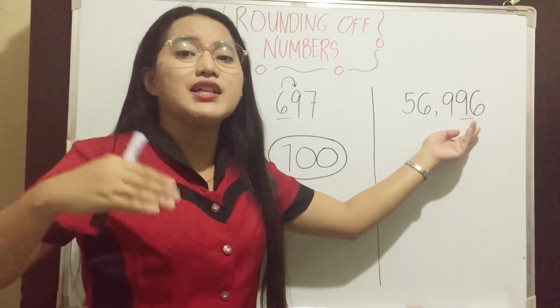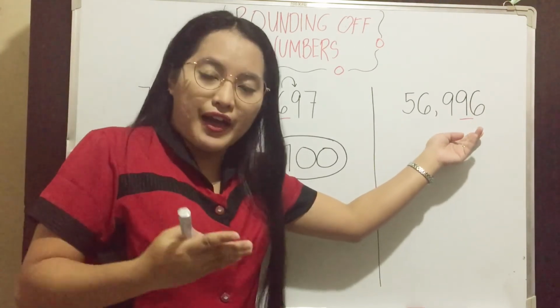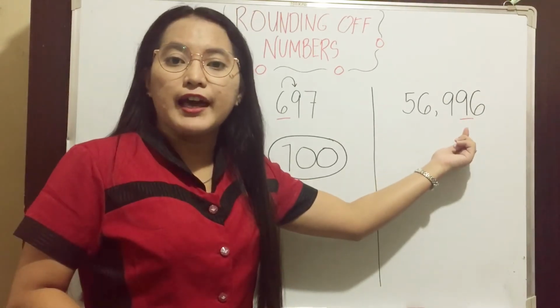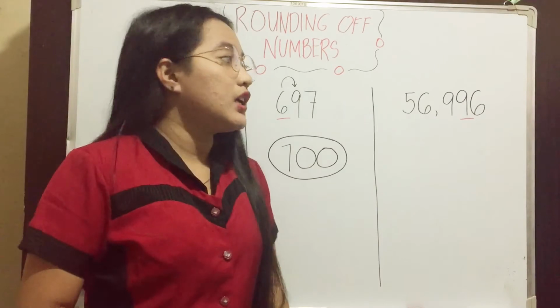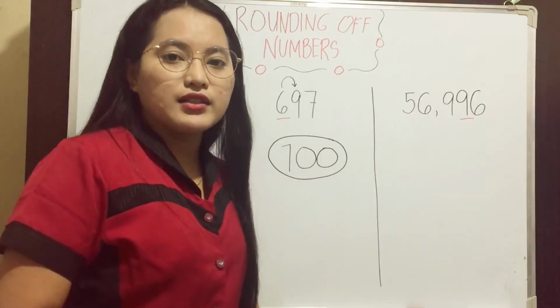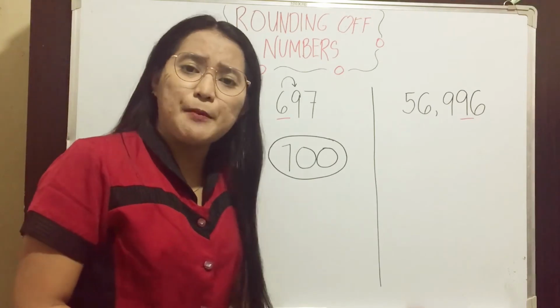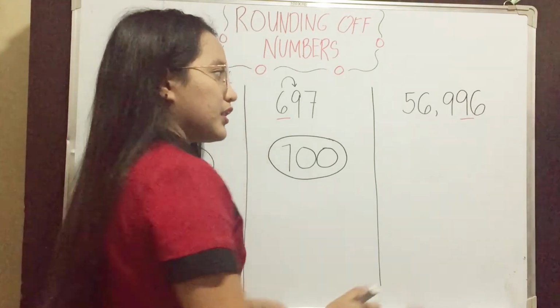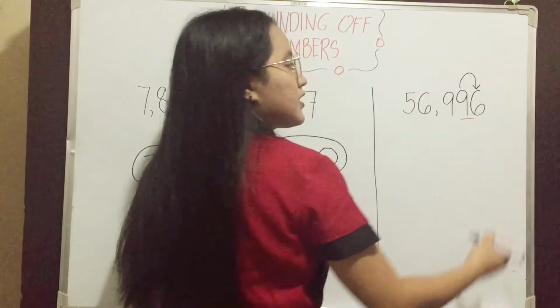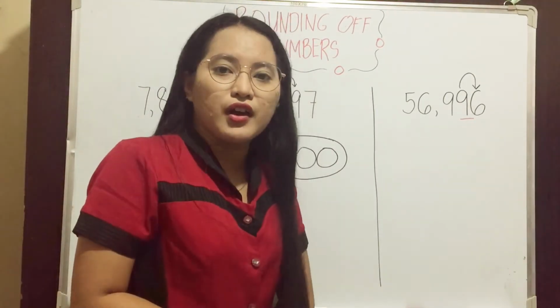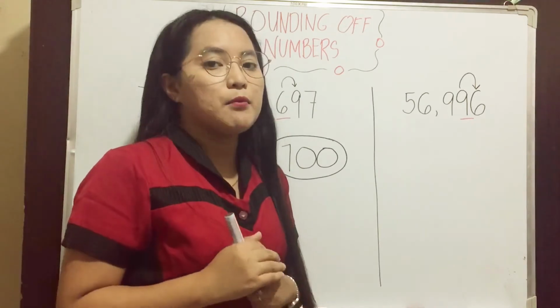But if it is 5 or more than 5, we will add 1 to the underlined number. Now let's look at the right side of the underlined number. What is the number? Very good. It is 6. Is 6 more than 5 or less than 5? Very good. It's more than 5.